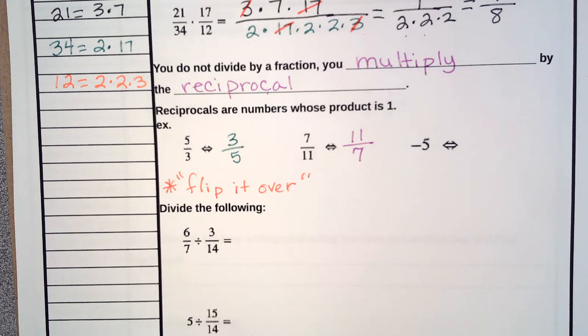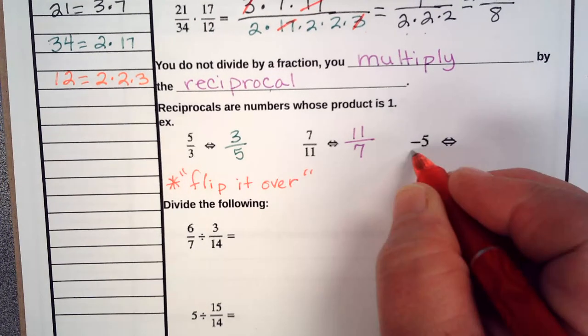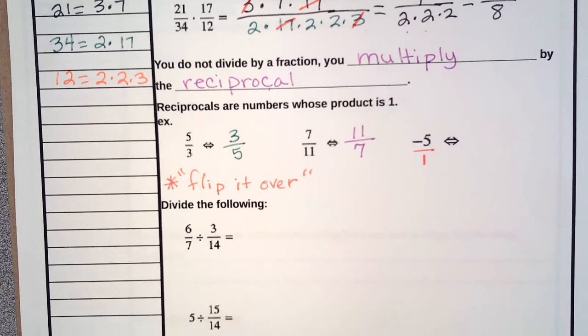Okay, what about negative 5? Remember that it has to be 1, positive 1, when you multiply it together. So think about what do I divide negative 5 by to get negative 5 back? Well, I can divide it by a positive 1.